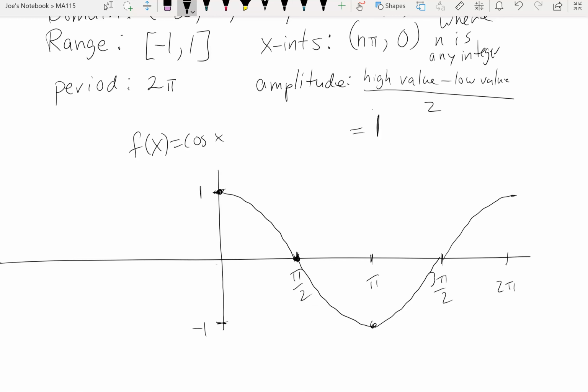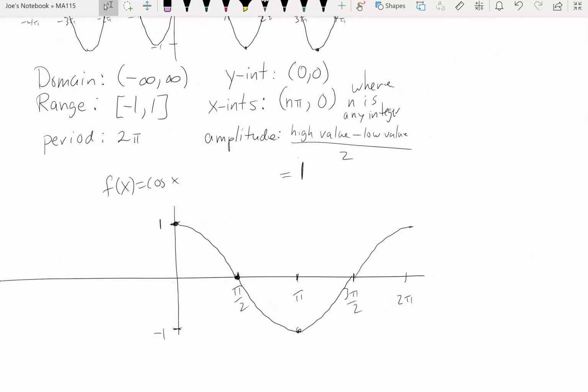Because once we get to 2 pi, we're essentially back at what? 0, right? We've rotated back around again, right? Okay? So at this point, if we want to get more periods, we can just redraw it. So let's say this is pi over 2, negative pi over 2, and negative pi, and I ran out of room, here 3 pi over 2. It would come down and back up and top out over here again at negative 2 pi.